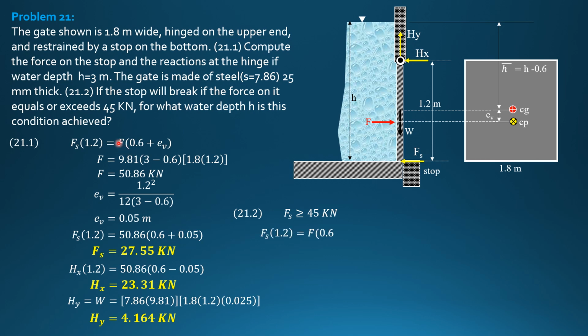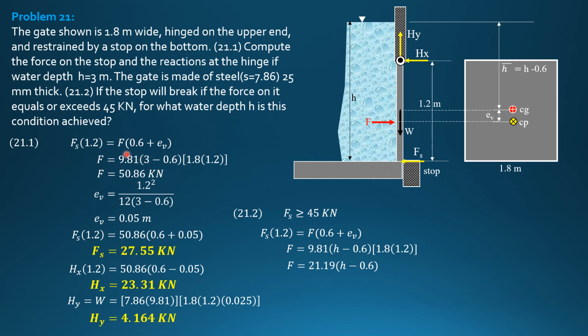Fs times 1.2 must be equal to or greater than F times quantity 0.6 plus e sub v. F will now change. F is 9.81 times h bar, H minus 0.6, times area 1.8 times 1.2. So simplifying, F is 21.19 times H minus 0.6.